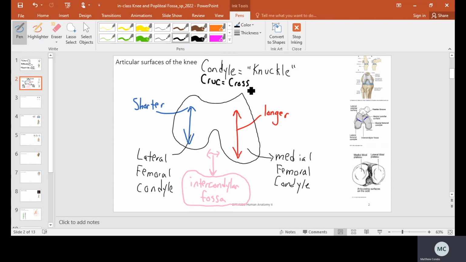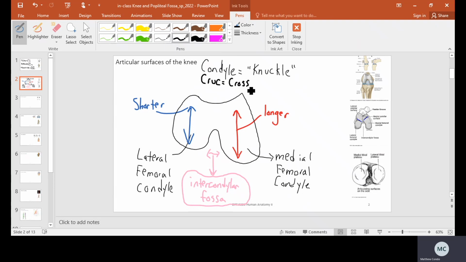And those notch signs are literally going to tell you if the ACL has been compromised, aka an avulsion fracture. Okay, you guys know what an avulsion fracture is, right? So did an avulsion fracture happen to the ACL, or an avulsion fracture happen to the PCL? Okay, so knowing exactly where they attach is going to be really important. But my medial femoral condyle is going to be longer than my lateral femoral condyle.